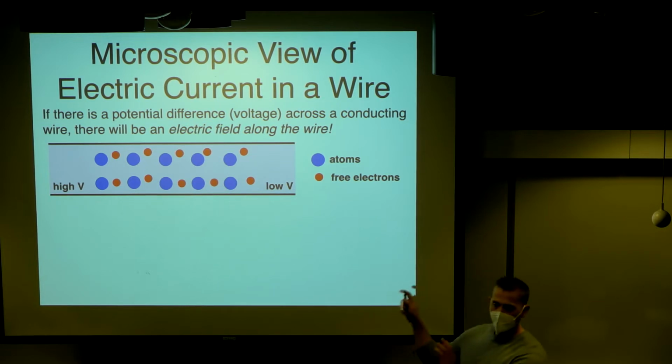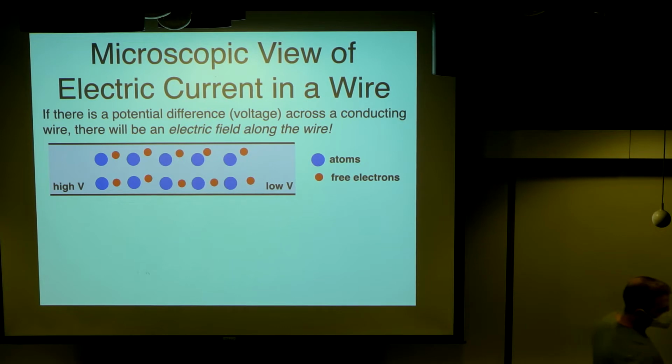There is some non-zero electric field inside of this wire. And you can see that because as you go across the wire, there's going to be some kind of potential difference. Let's say that the direction of that potential difference is like this. We're going from high V to low V here. Maybe just to make up some numbers, we're going from 12 volts to 11 volts as we go from left to right across the wire.